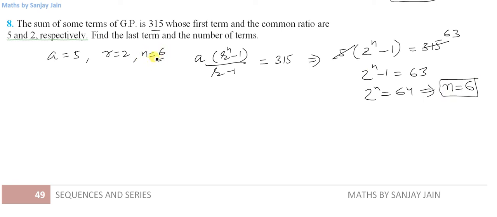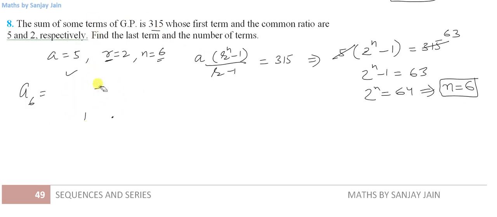And what is the sixth term or the last term? That is a6. It is equal to a plus 5d or a plus 6 minus 1 into d. So this is 5 plus 5 into, okay, we are talking about a GP here, not an AP. What is the sixth term?